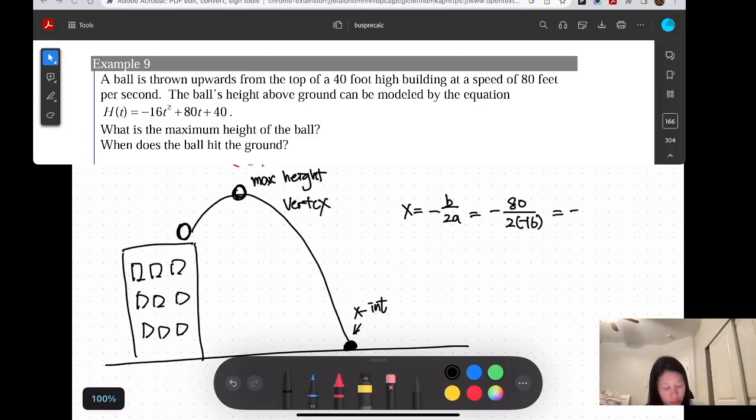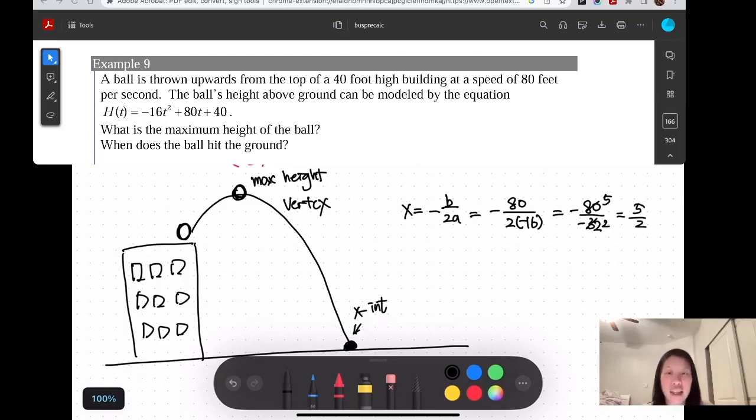So I have negative 18 over negative 32. When you simplify it, I have positive, and they can both be divided by 2, so I have 9/16.